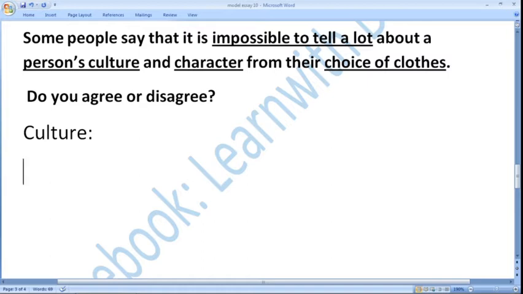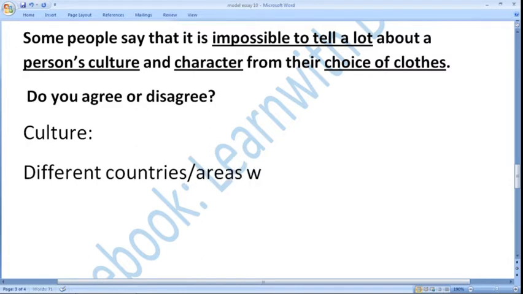I would say sometimes we can see, because peoples of different countries or different areas wear different clothes. We can tell by seeing their clothes. We can say about their culture.